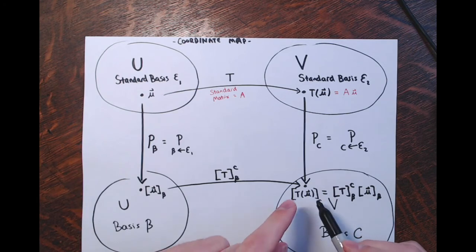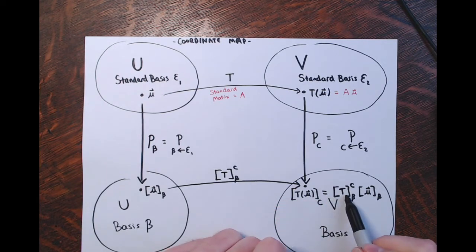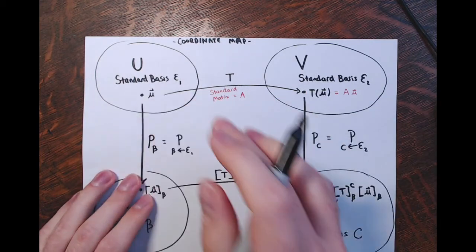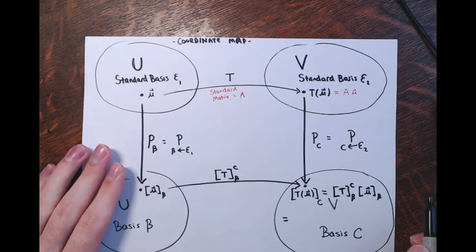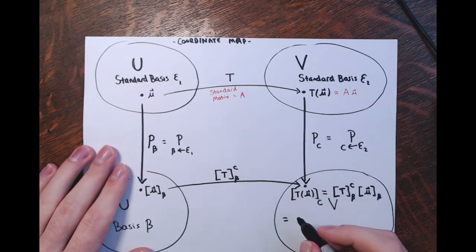The coordinates of the output relative to C are equal to this matrix times the coordinates of the input relative to B. All right, but applying these other matrices, we can see all sorts of different relationships. I could say that this is also equal to PC times T of U.